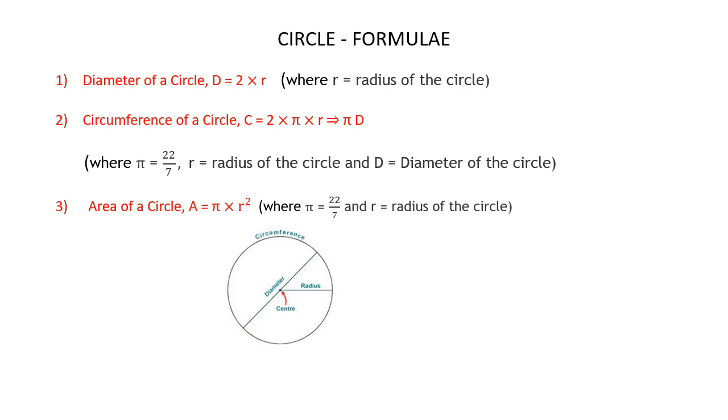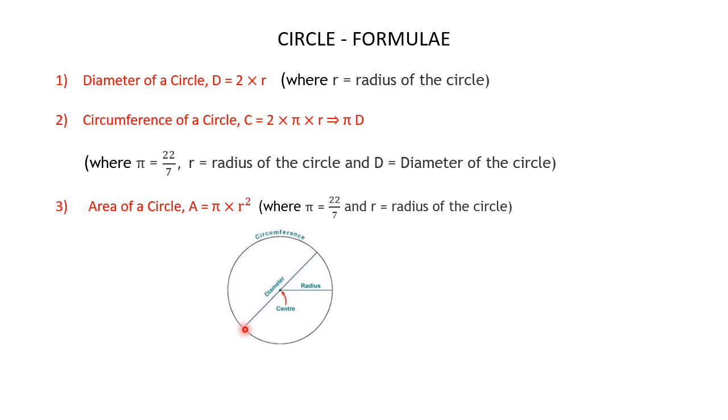Let's now look at a few formulae of circles. First, let's look at this diagram of the circle. As you can see, this is the circumference of the circle. This point here is the center of the circle. The distance from this point, the center, to any point on the circumference of the circle is the radius.